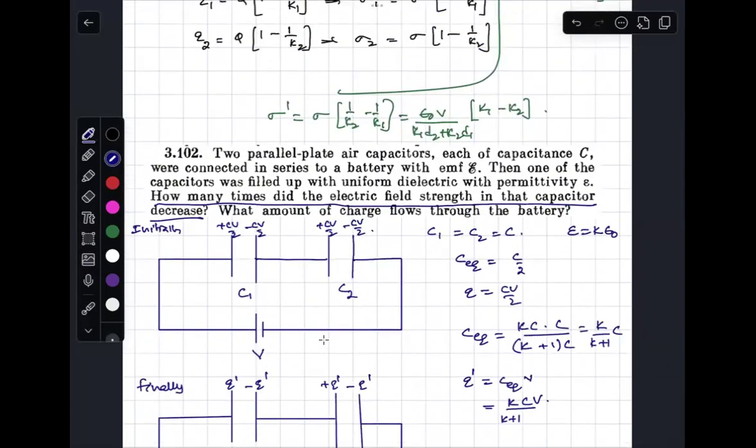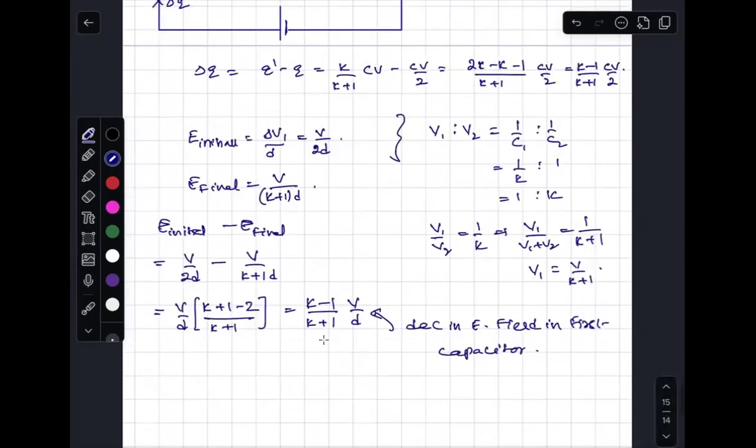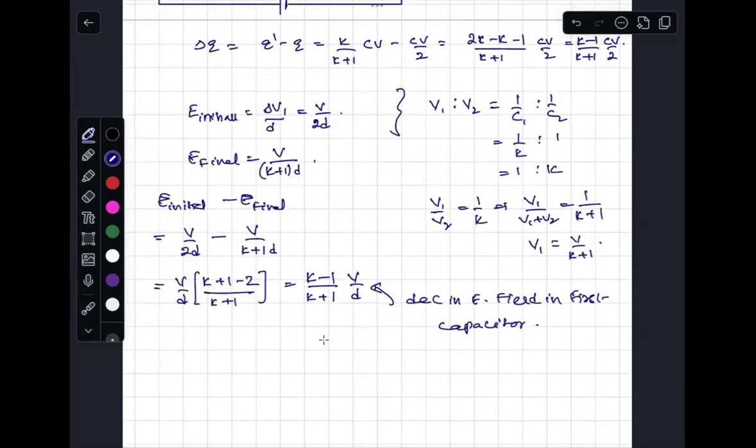Two parallel plate air capacitors, each of capacitance C, are connected in series. Then one of the capacitors is filled with a uniform dielectric with permittivity epsilon. How many times does the electric field strength in that capacitor decrease? This is the relation: K minus 1 by K plus 1 times V by D.